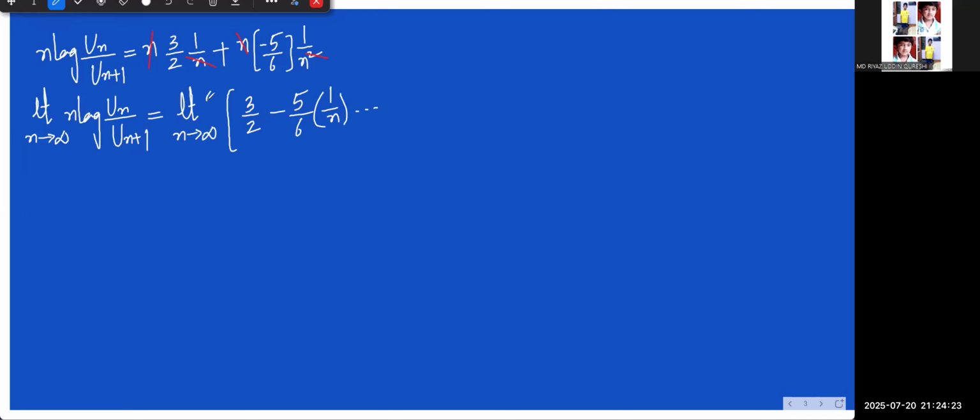Now limit will go to this term, limit of the constant is constant itself, and then limit will go to this term, 1/n will become 0. So finally we are left with 3/2 only, which is greater than 1.